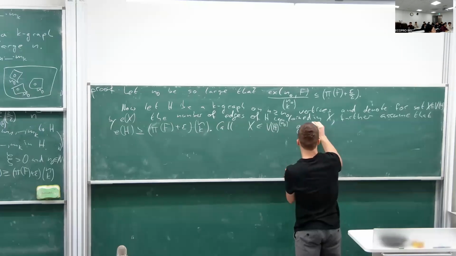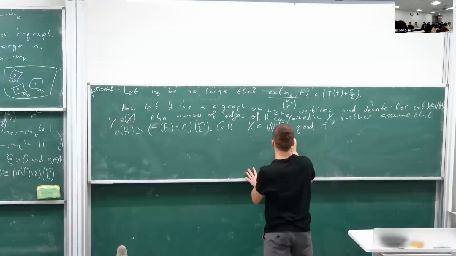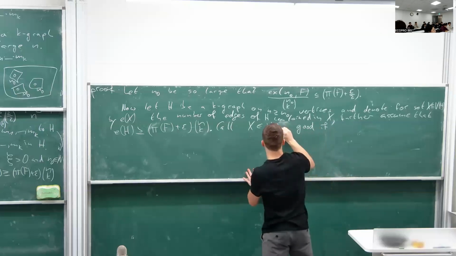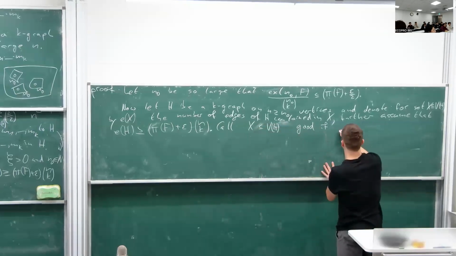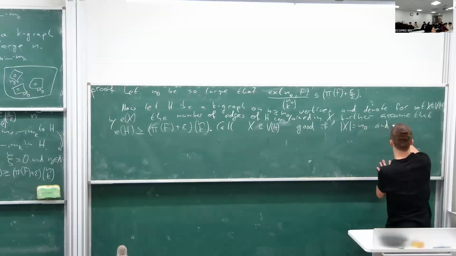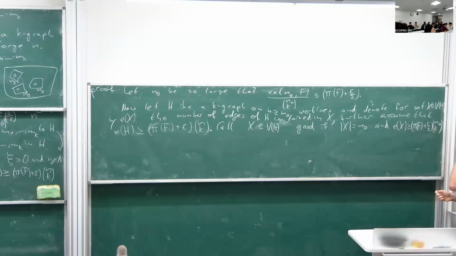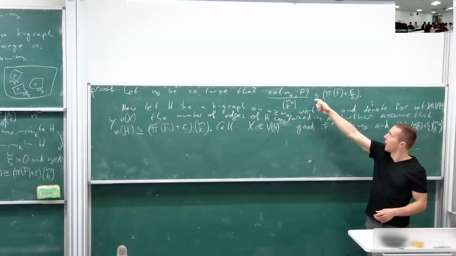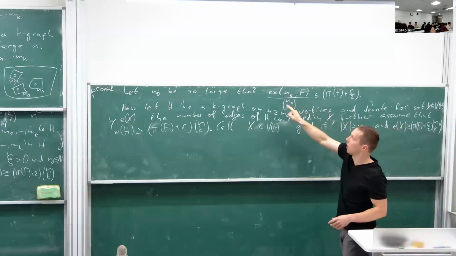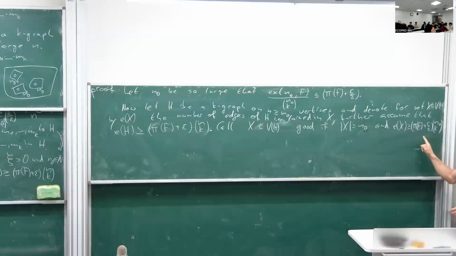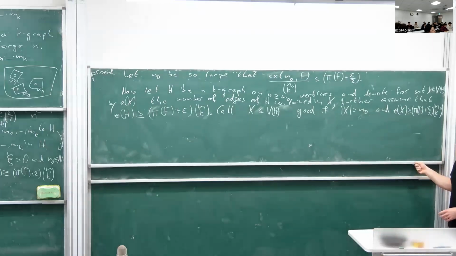Let's say any subset X we call good if the size of X is n0 and the number of edges on X is at least pi of F plus epsilon half times n0 choose k. Again, because we took this bound for our n0, each of these good X will contain a copy of F.